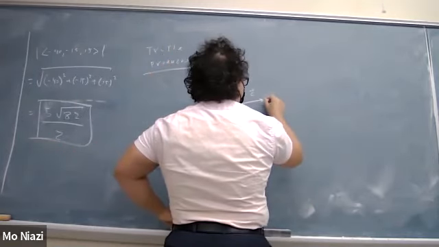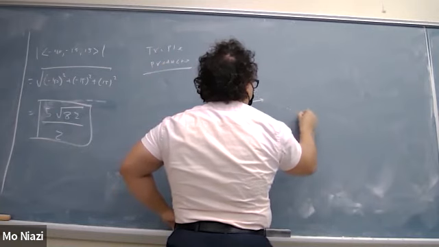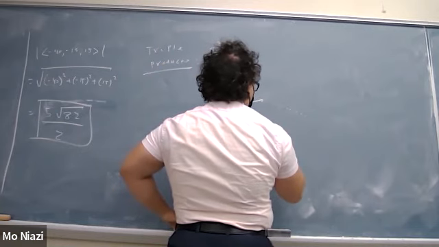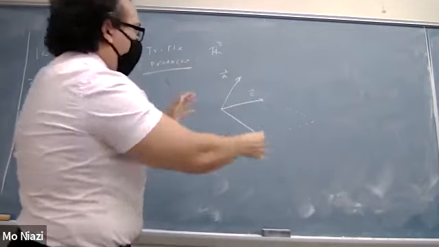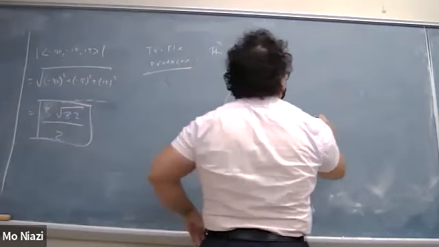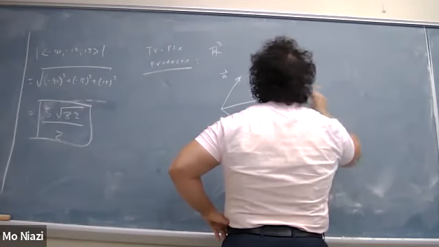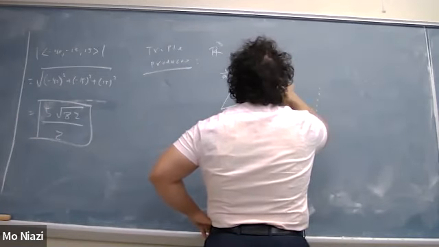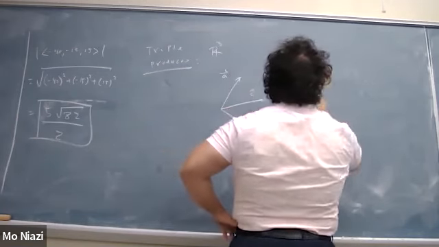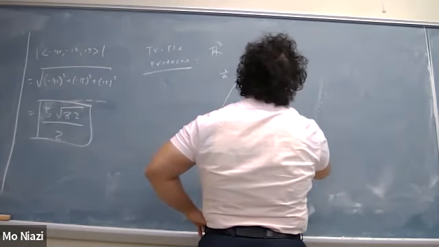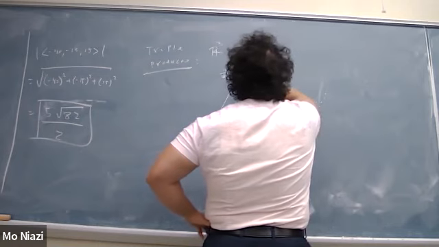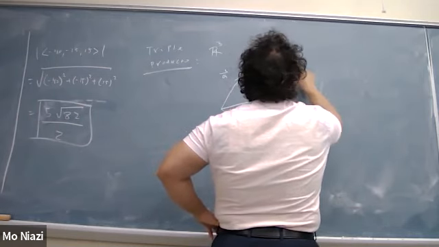So notice that the base can form a parallelogram. This needs to be slanted. This needs to come through here. This needs to come through here.